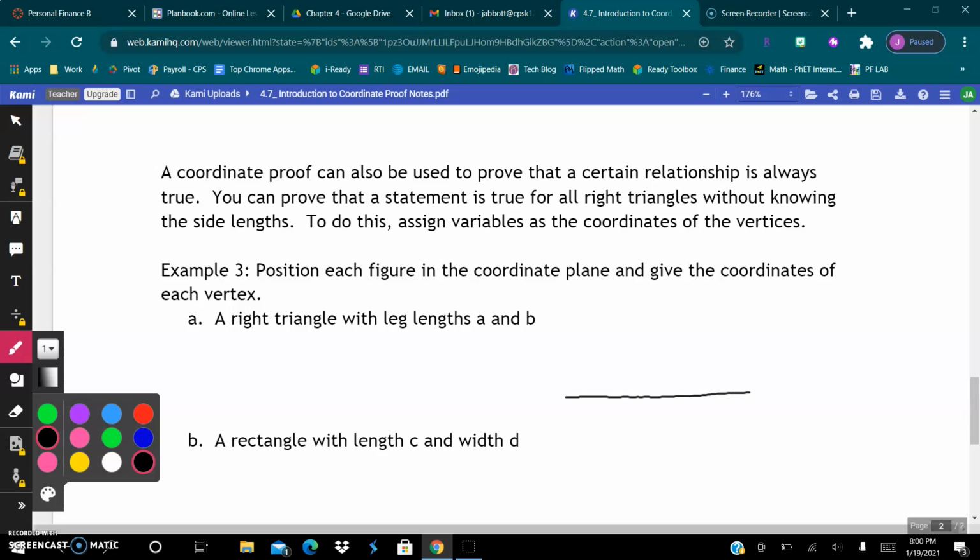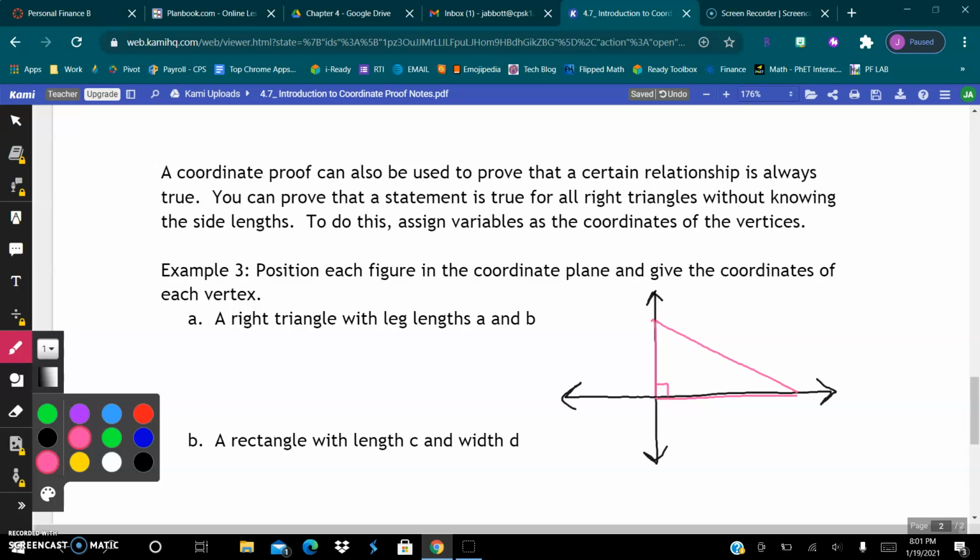So if we think about our coordinate plane here, we know the origin, where the x and y coordinates meet, is going to form a right angle. So we can put our right angle there.